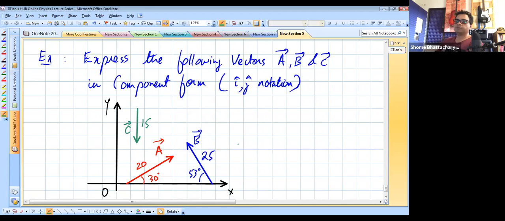So just try this out, people, and when you're typing the answers, you don't need to write the whole equation. You can just tell me the x component and the y component. So for vector A, you can just write x comma y. For vector B, x comma y. So how much is the x component and how much is the y component?